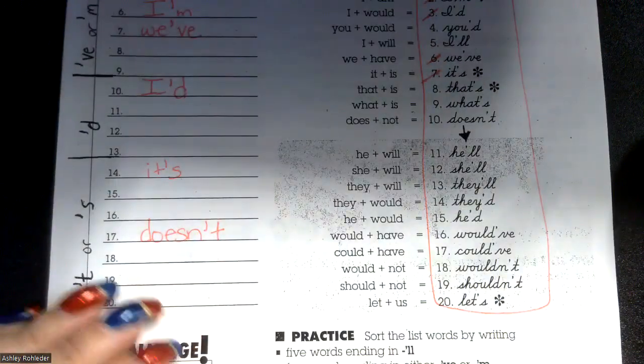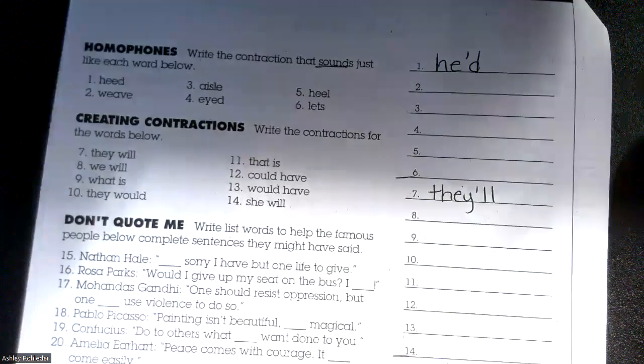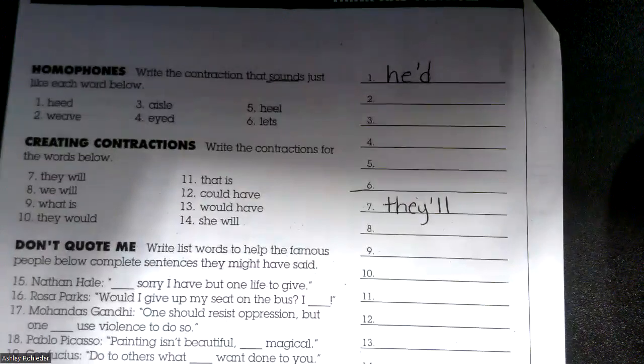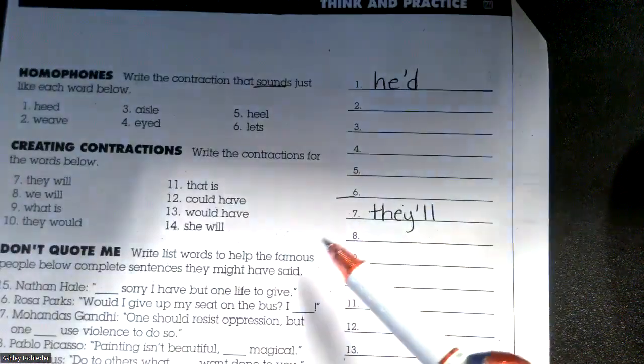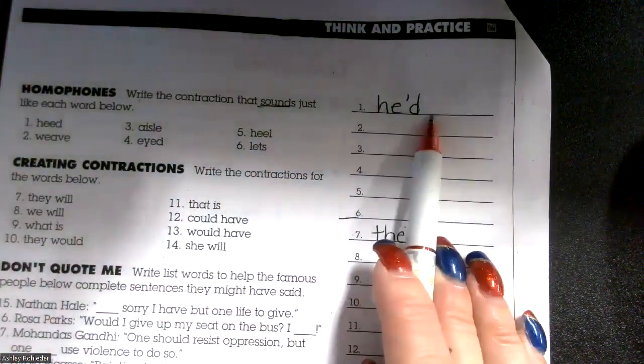Okay, questions on this page? All right, turning the page. So for this one, you can just use your sheet, your green sheet, okay? Write the contraction that sounds just like each word below. So he'd, what contraction was that?